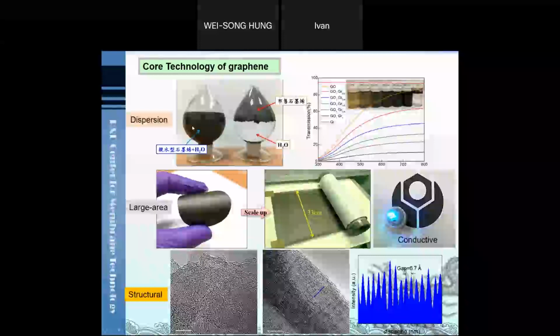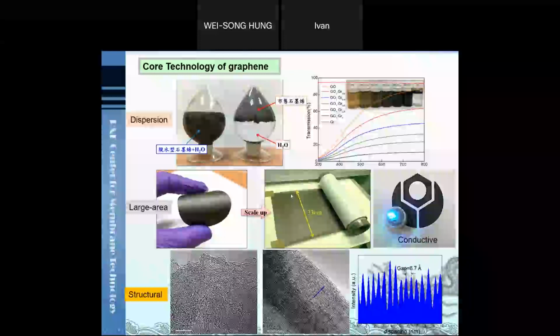Then after the dispersion, we can prepare the membrane from the lab scale to the pilot scale. So roll-to-roll casting is also important. And after the casting, the graphene membrane also can have a good conductivity. Then based on our lab, we also consider how to prepare different structures of the graphene layer.